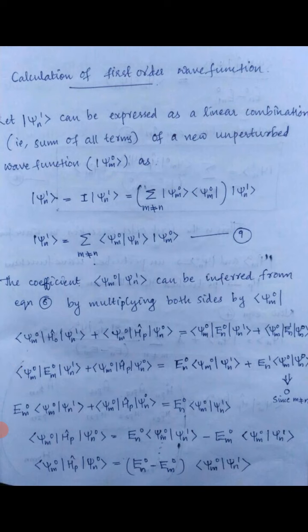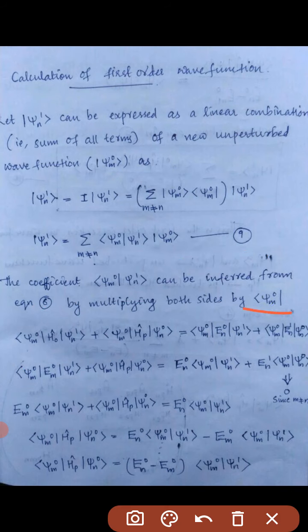So we multiply equation 6 on both sides by bra psi m0 and arrange. When H0 acts on bra psi m0, we get the eigenvalue Em0 along with the same wave function psi m0, then ket psi n1.